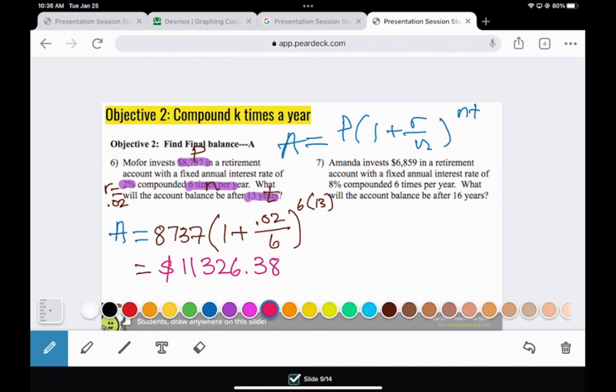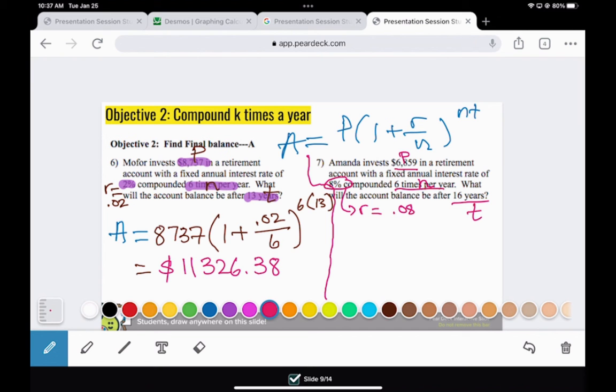We can do another one, number 7. Amanda invests $6,859. I know that's the principal, in a retirement account with a fixed annual interest rate of 8%. So that's my R. Don't forget to switch this to decimal. Compounded 6 times per year, so that will be N. What will be the account balance after 16 years?